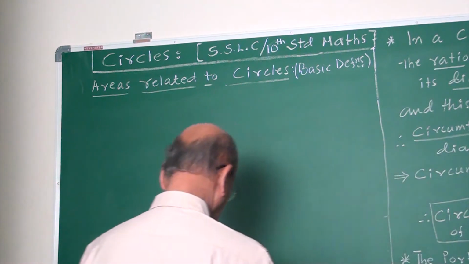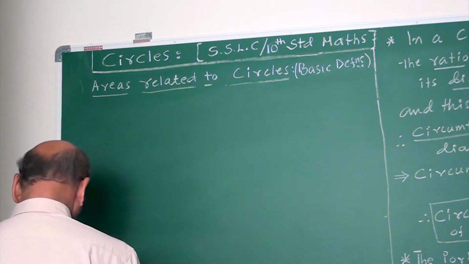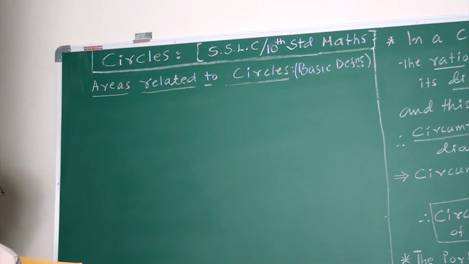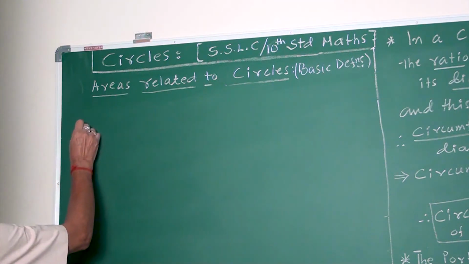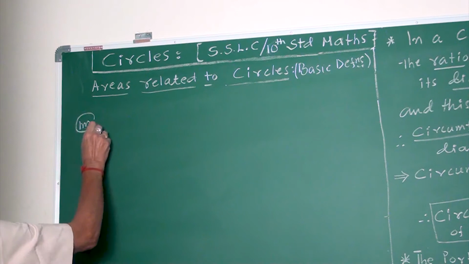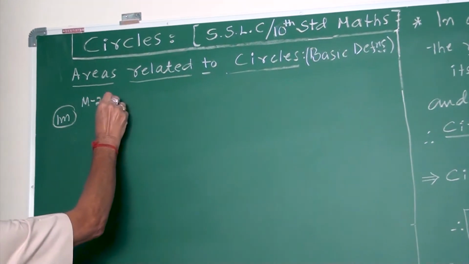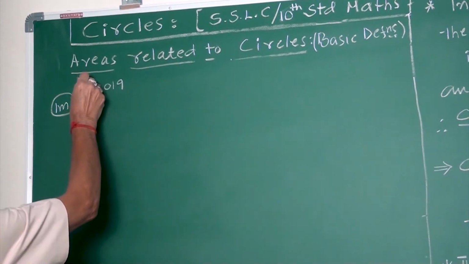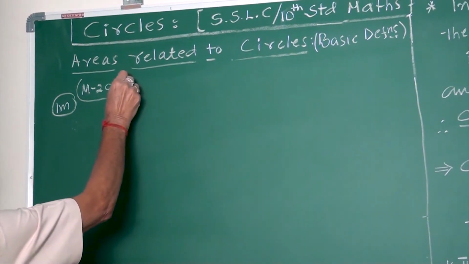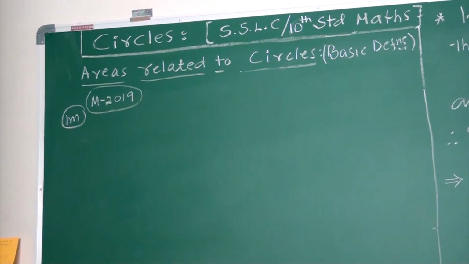Now the first example is a one mark question, my friend, which appeared in the March 2019 question paper.